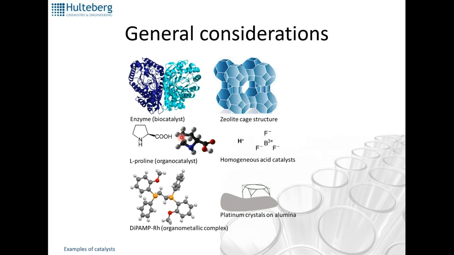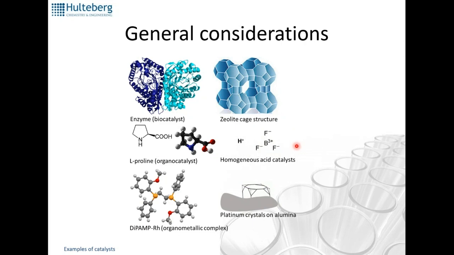And if you look at it, they can be different in complexity. So we have enzymes, which are basically folded proteins that are very shape selective catalysts. We find some organic catalysts. We find rhodium complexes. We also find homogeneous acid catalysts, and these are all homogeneous materials, so they exist in the same phase as the reactants and the products.